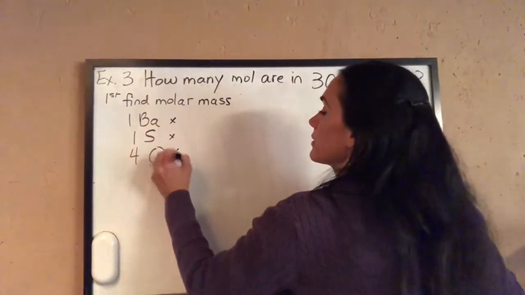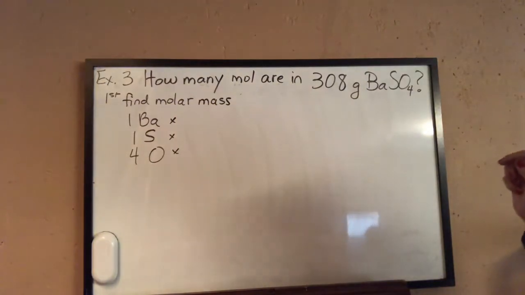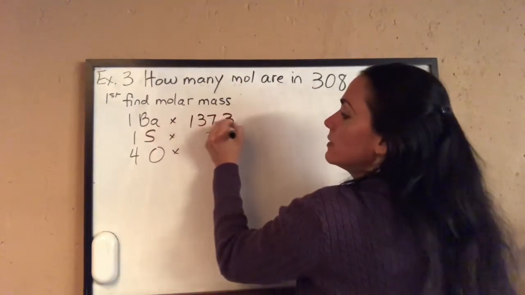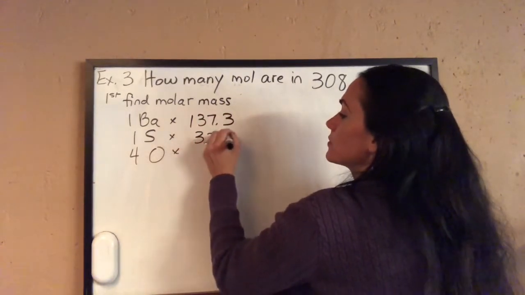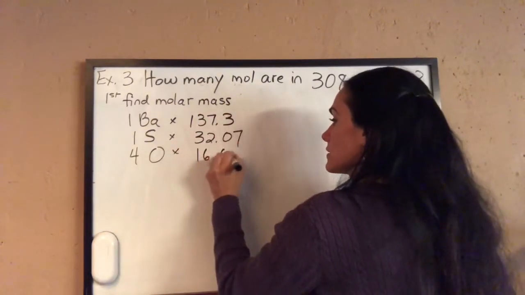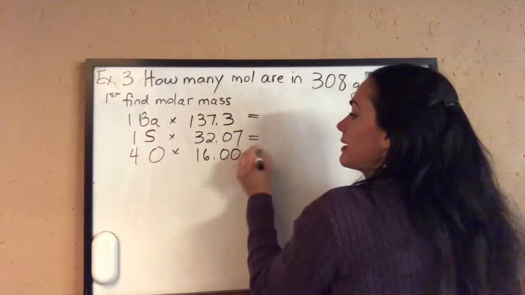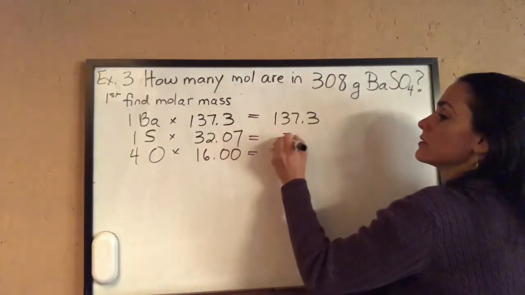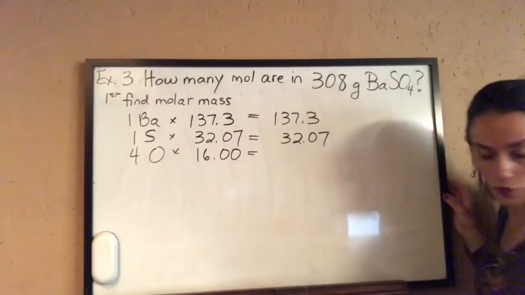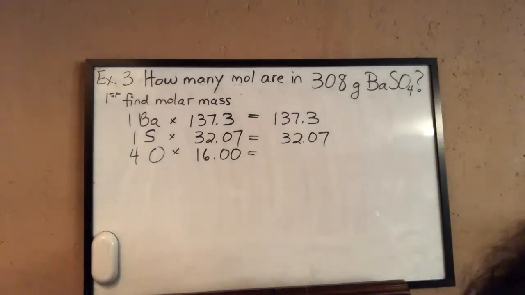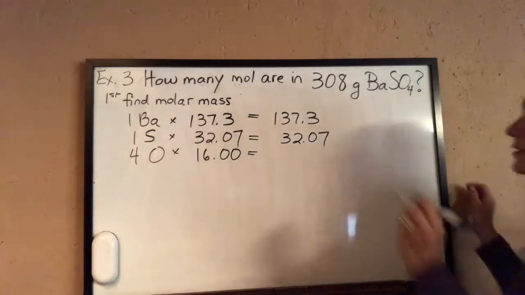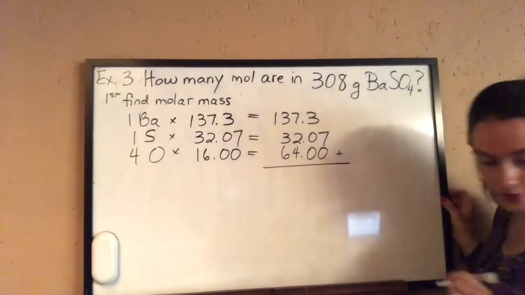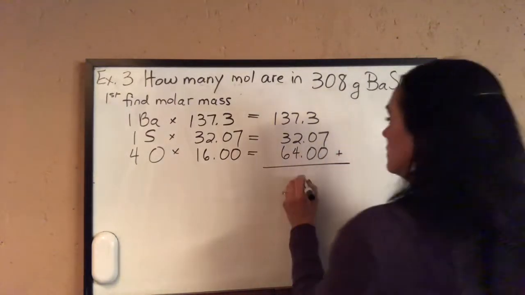Looking on the periodic table, barium has an atomic mass of 137.3, sulfur is 32.07, and oxygen is 16. So 1 times 137.3, the same thing for sulfur, and 4 times 16 for the oxygen is 64 total. And we add them up together and we get an overall sum.